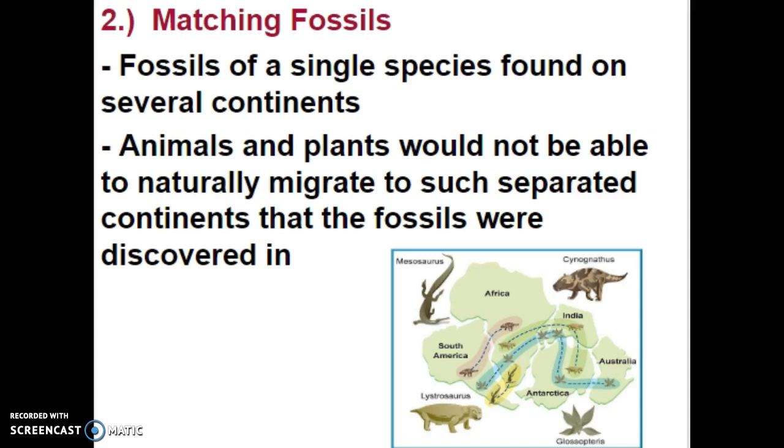They could not have gotten from place to place without having those continents be closer together. Same with Mesosaurus. It was a swimming reptile, however, the span that it had to swim seemed a little bit unlikely. So animals and plants wouldn't have been able to naturally migrate to such separated continents that all of these fossils were discovered in.